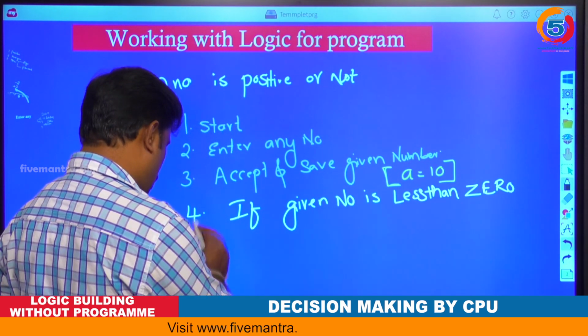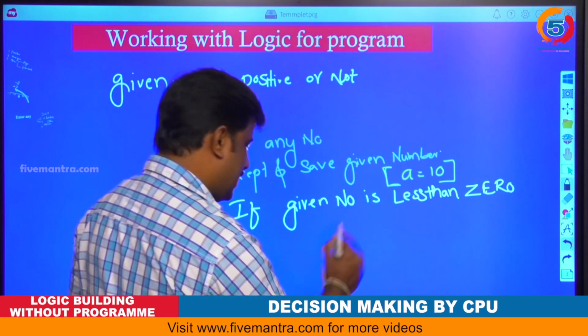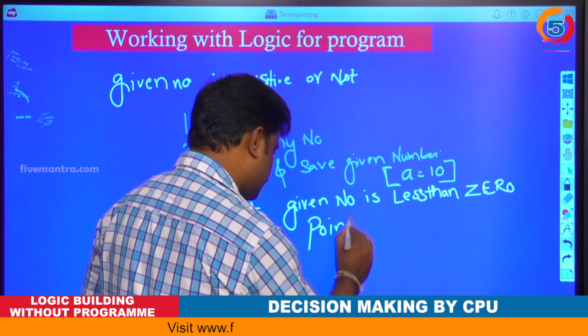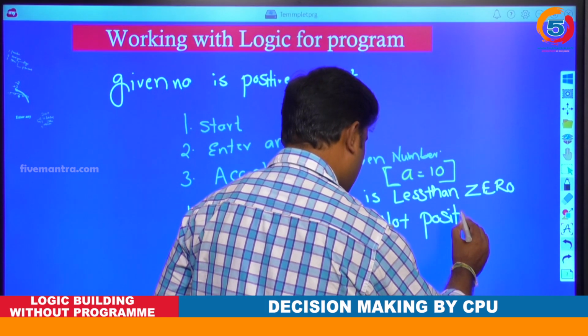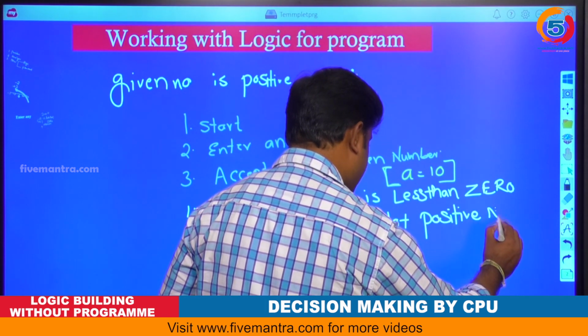I will print, for less than 0, print not positive number.